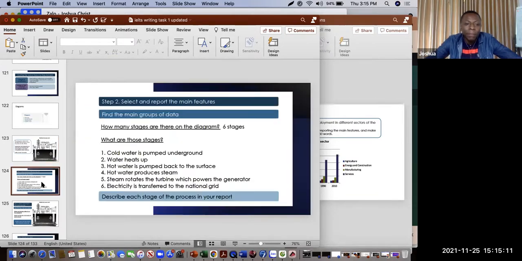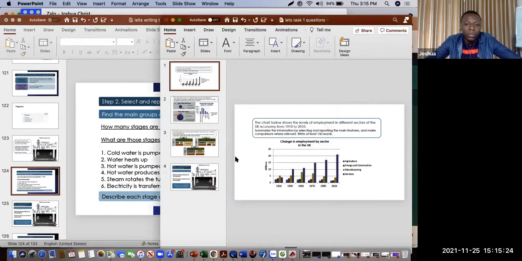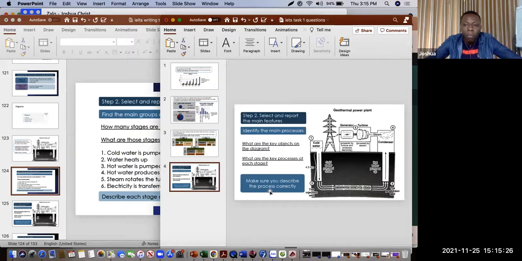So let's go over them. First of all, let's find the main groups of the data. How many stages are there in the diagram? So let me just use this one so you can see. So basically we have 5 to 6 steps here.